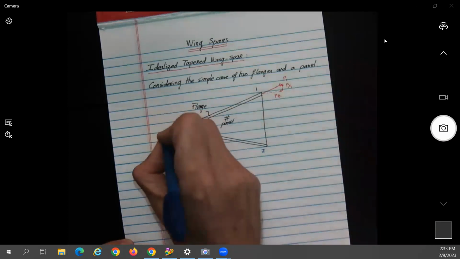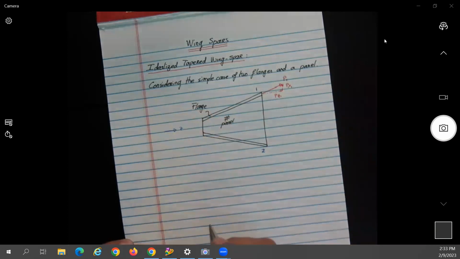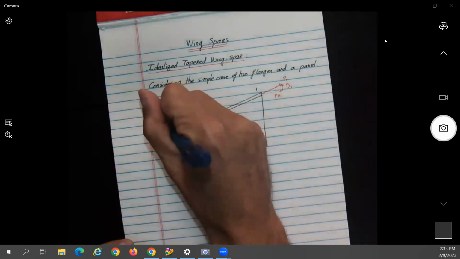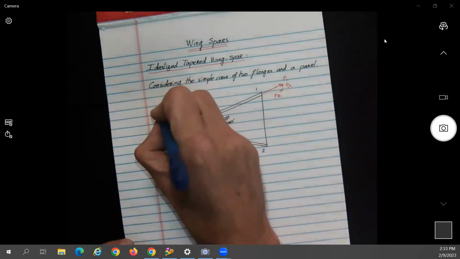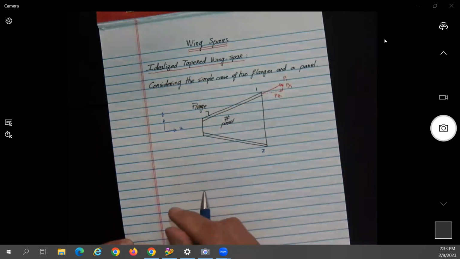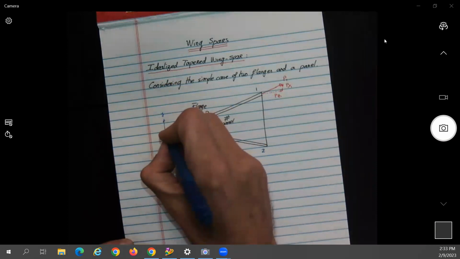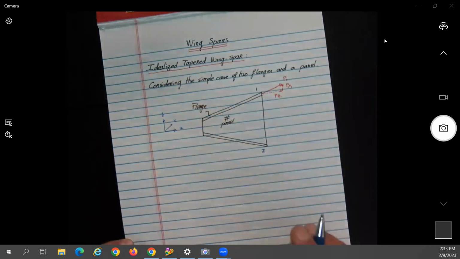That makes me remember that in this course we are using for the spanwise direction, this is Y. XY, then it should be this X, but X we don't use it.